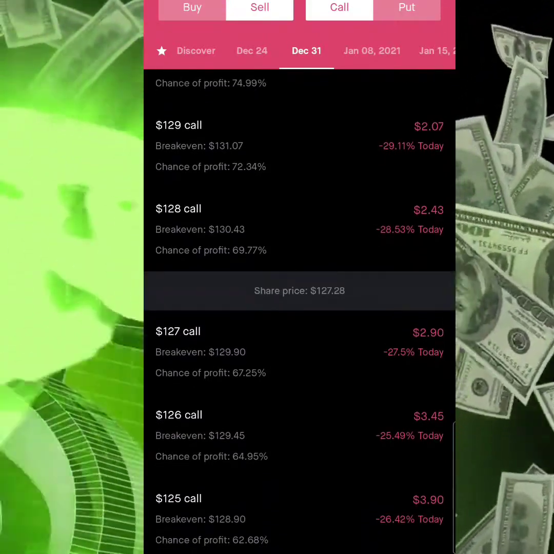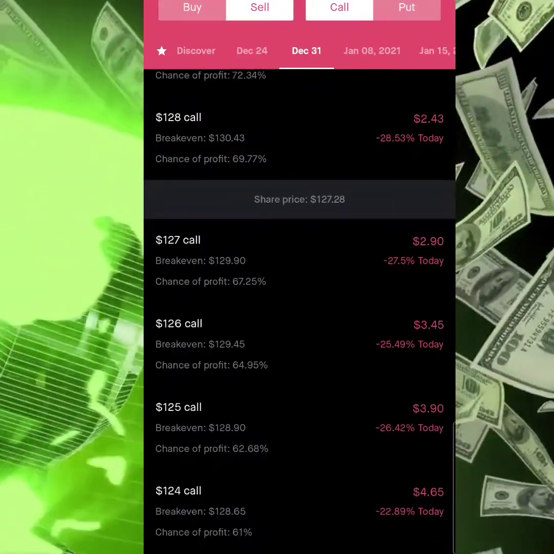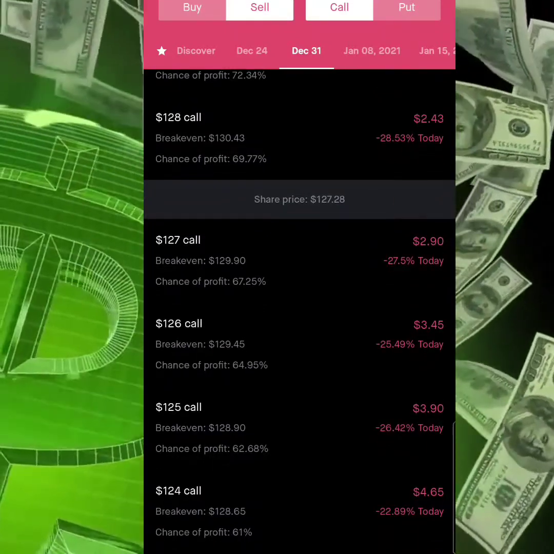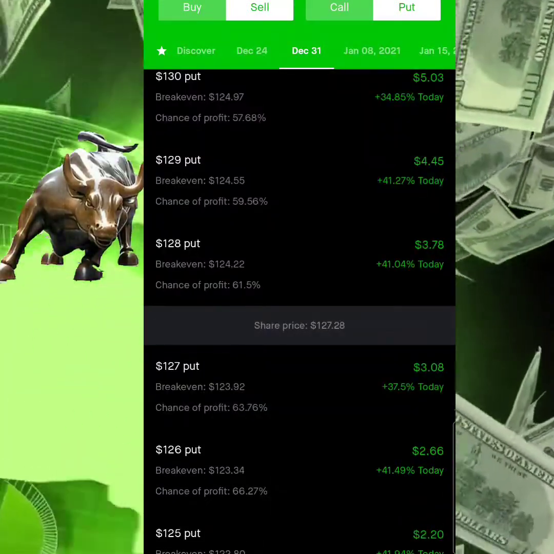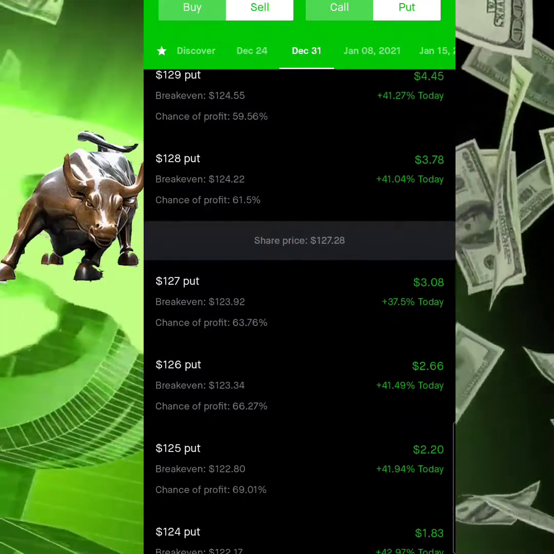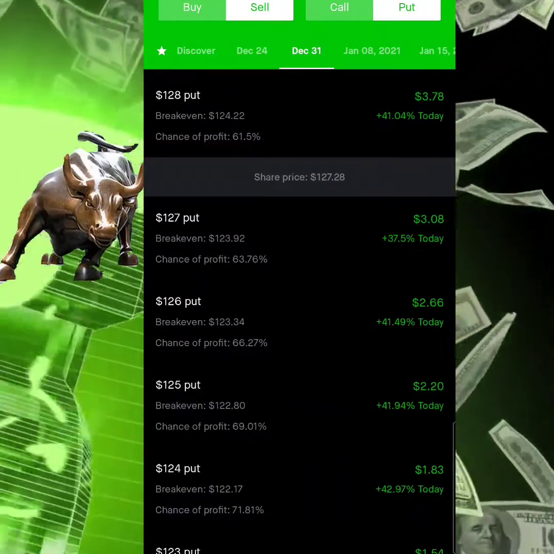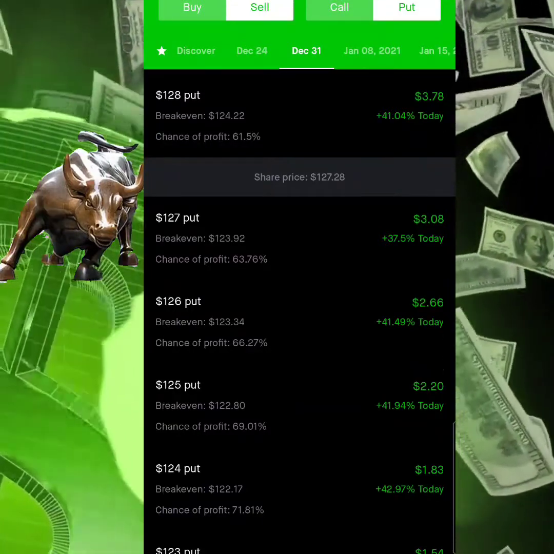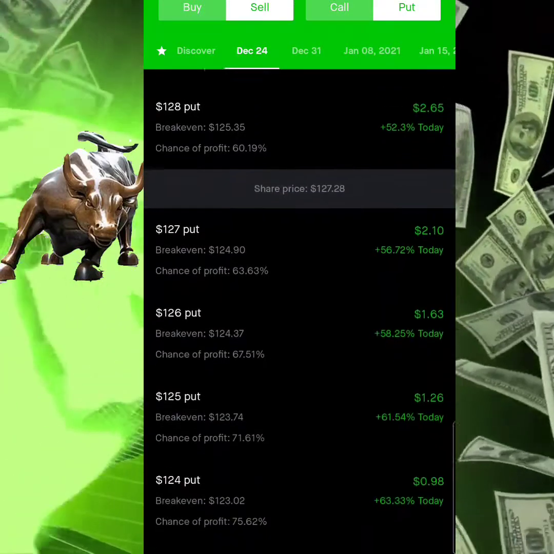Okay, right now you see it on sell call. All right, and if you look here, I want you to notice on the right hand side, those are actually the premiums, and on the left hand side, those are the strike prices. Now, what we've done, you see the little bull that popped down. This is going to be a bullish strategy. We're going to go sell put, and this is a credit spread.